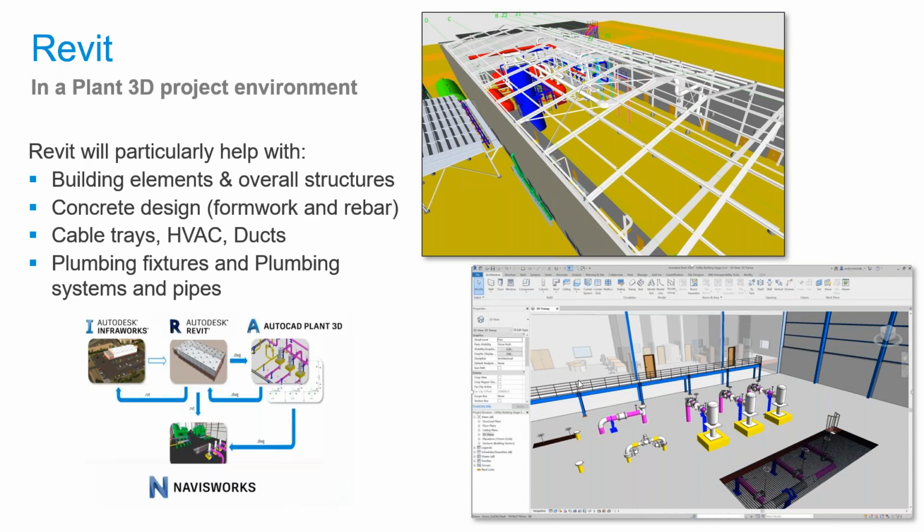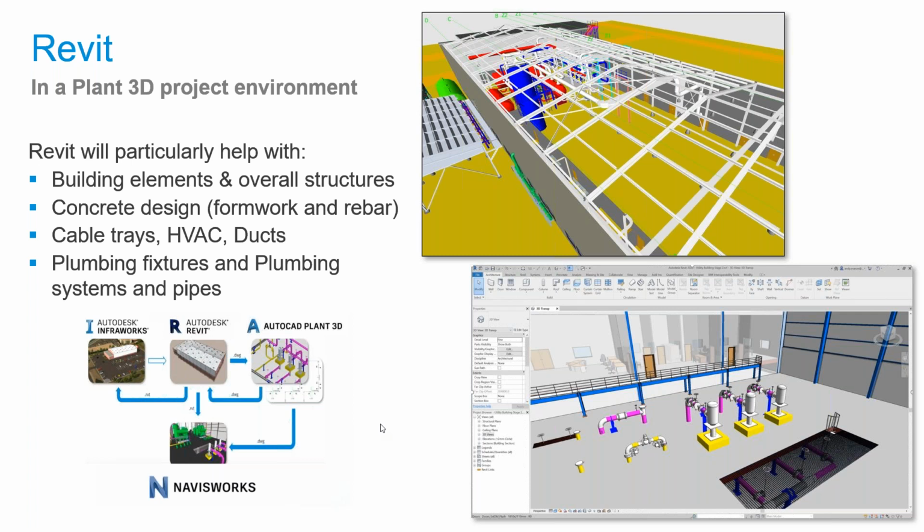And you can also use the MEP features to design some part of the facilities. I mean the services, the cable trays, the HVAC ducts, and plumbing fixtures, and we will see later the capabilities of the piping in Revit itself.